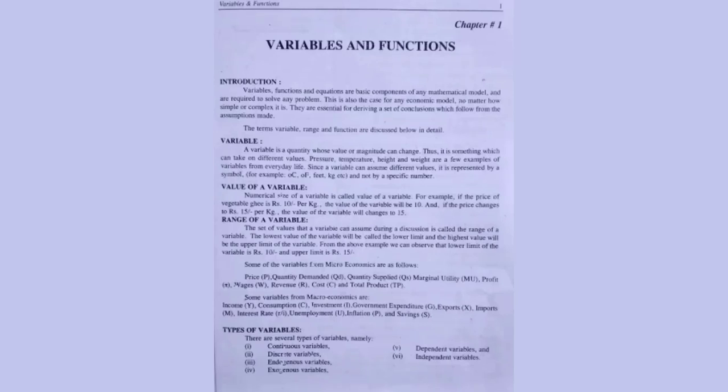For example, we can observe that lower limit of variable is 10 and the upper limit is 15. सो क्लास इसमें आपने इनके दो एस्पेक्ट्स को देखा जिसको आप लोअर और अपर में डिफरेंशिएट कर रहे हैं.